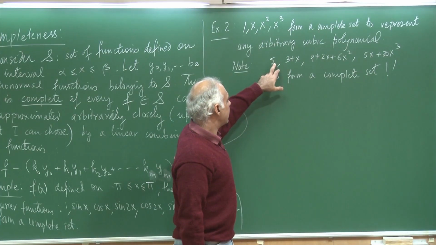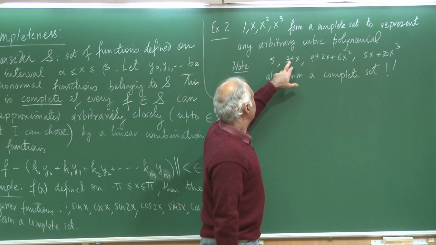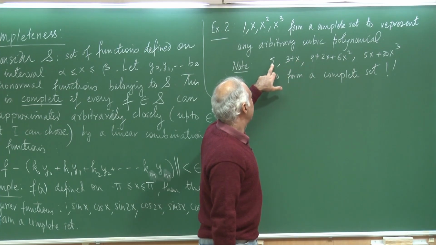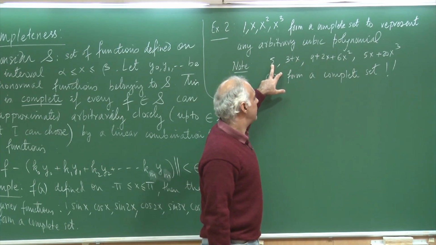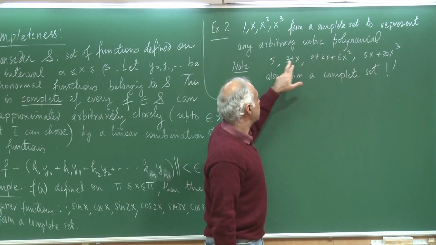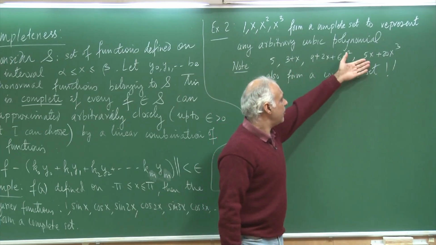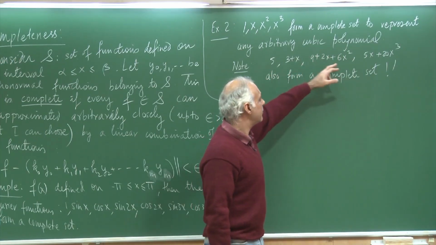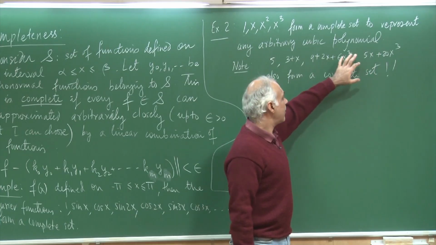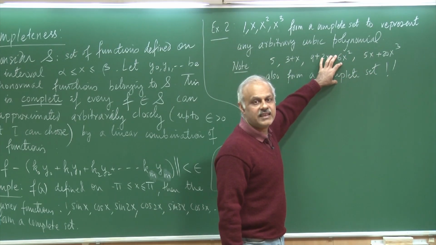So you can see that if I took this as a basis, 3 plus x is linearly independent of 5. Similarly, if I took this element, I cannot get this by linear combination of the first two terms. In fact, any of these functions, I cannot get as a linear combination of the other three. You can check that.